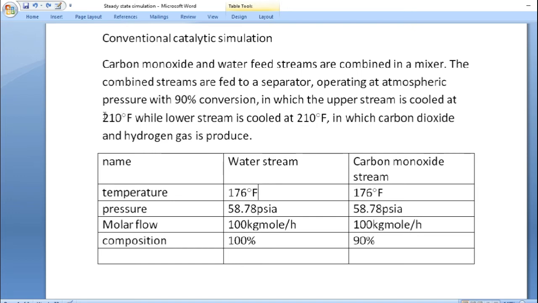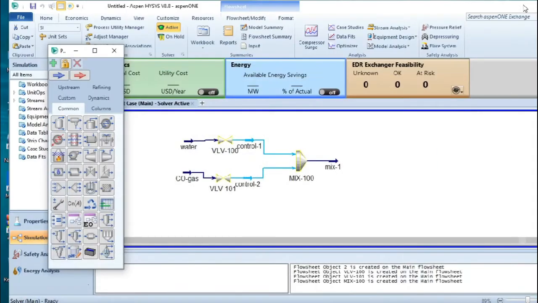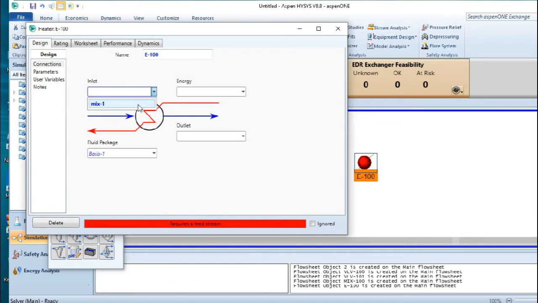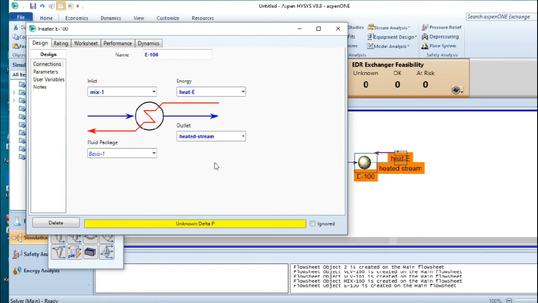Then later it is cooled to 210 degrees Fahrenheit. So let's introduce our heater. Inlet, I have mix 1. Outlet, let's call it heated stream. Let's call it heat in.